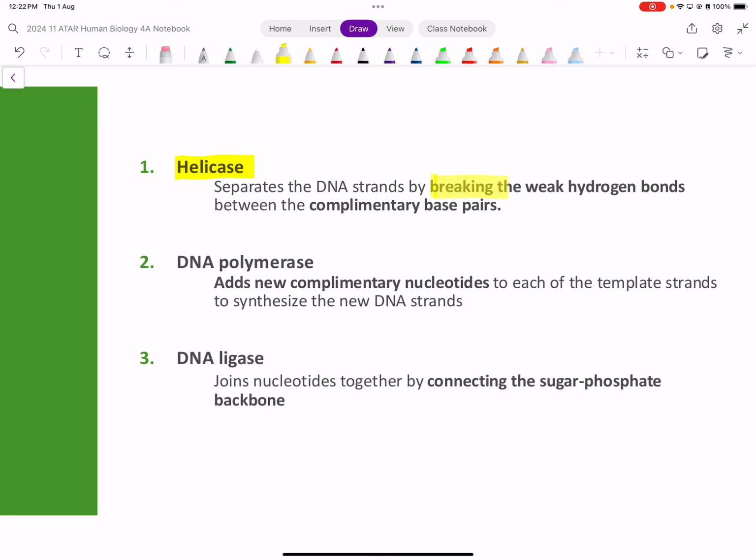Helicase, we mentioned, breaks the hydrogen bonds held between the two DNA strands, or more specifically, between our complementary base pairs. When we look at this, we know previously that adenine binds with thymine and that cytosine binds with guanine. Helicase is responsible for breaking these bonds here. Put a little X in there. Breaking those bonds, breaking those hydrogen bonds.